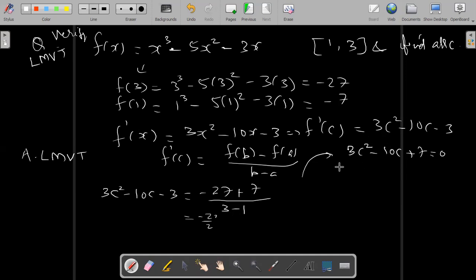If it is difficult to get by splitting the middle term, you can use the formula minus b plus minus under root b square minus 4ac upon 2a.